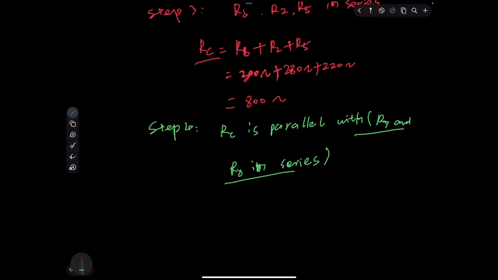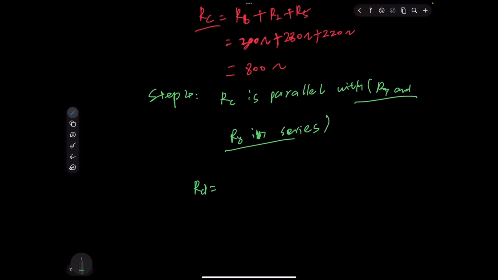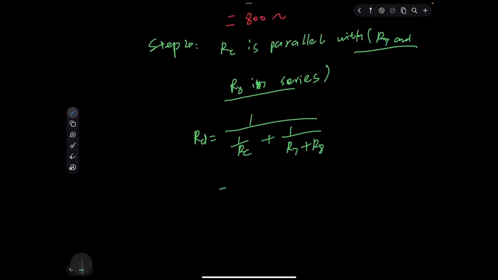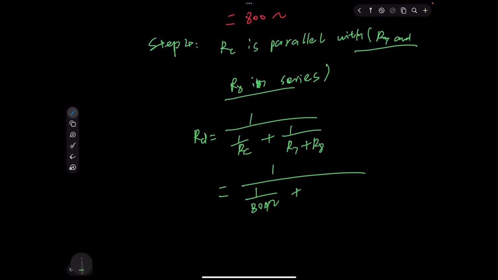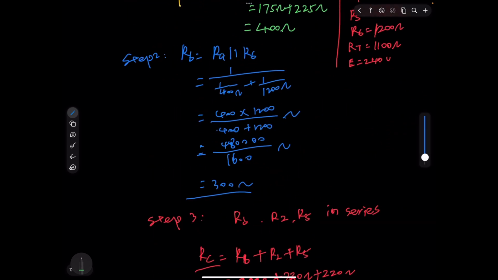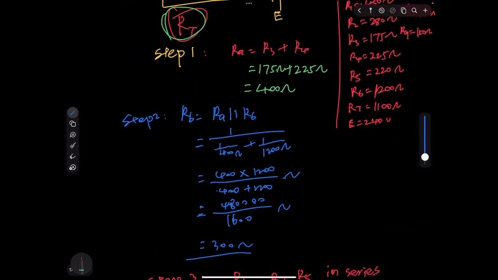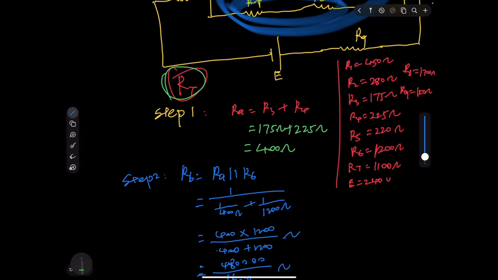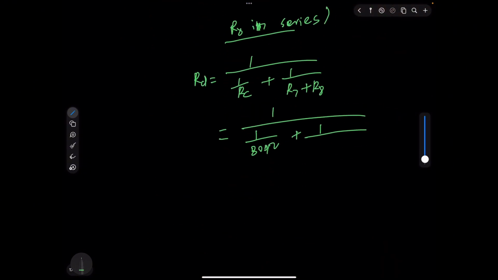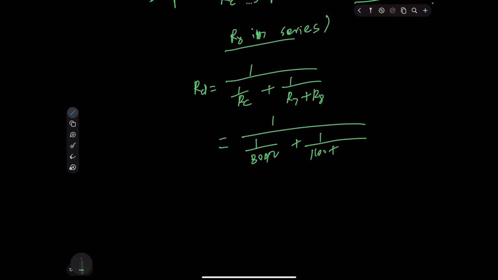So basically we need to do the series part first. Let's name it RD. That's 1 over RC in parallel with R7 and R8 in series. That will give us 1 over RC, which is 800, what we got from before, plus R7 is 1100 and R8 is 1300, so 1100 plus 1300.